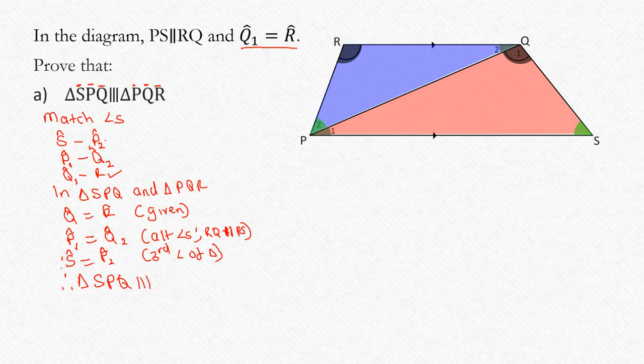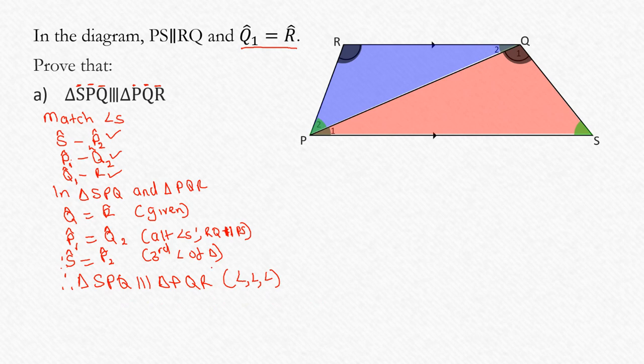Angle S goes with angle P, then P goes with Q, and the last one, Q goes with R. And the reason is angle, angle, angle. So we've managed to prove that triangle SPQ is similar to triangle PQR.